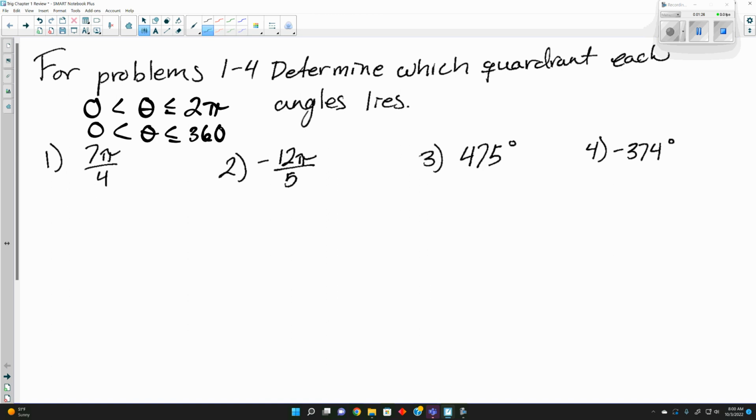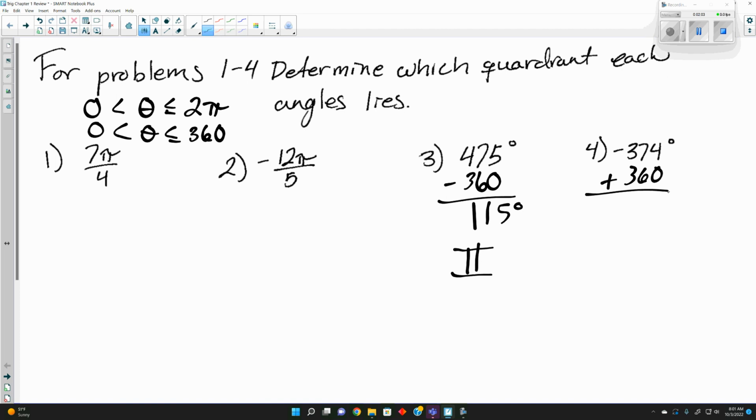Because if we look at 475, well, we can subtract 360 from it, which gives us 115 degrees. Well, 115 degrees is going to be between 90 and 180. So this here is in the second quadrant. I mean, we can do the same thing with negative 374, except instead of subtracting 360, we're going to add 360.